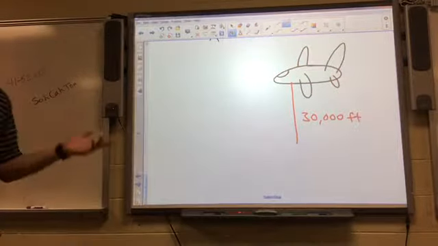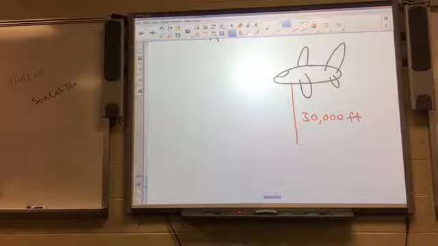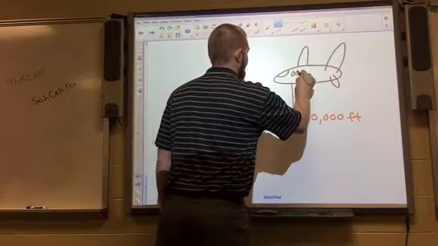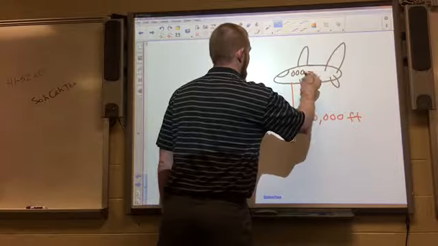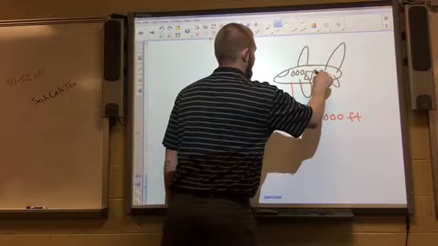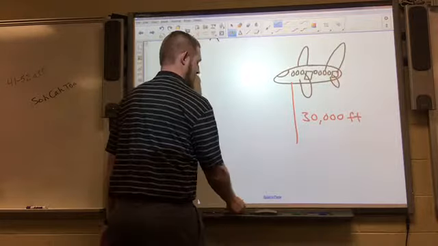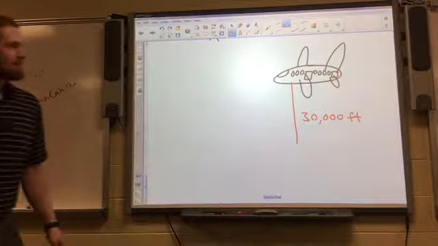It looks like an airplane without even trying. You want me to put windows in there? Door. Another door. There's always 2 doors for fire exits.